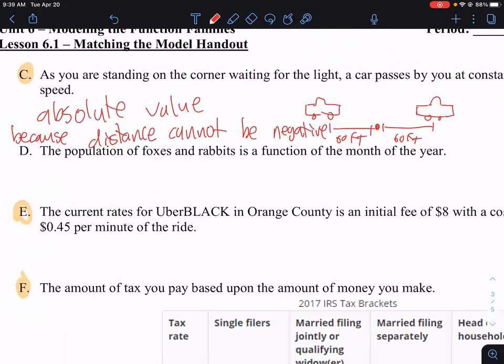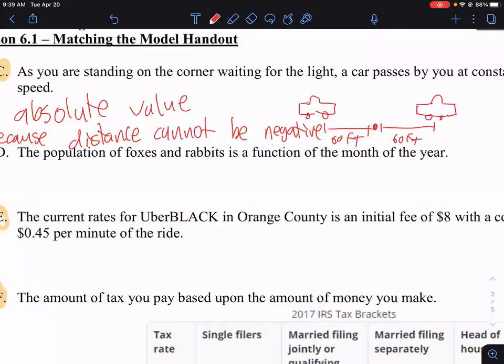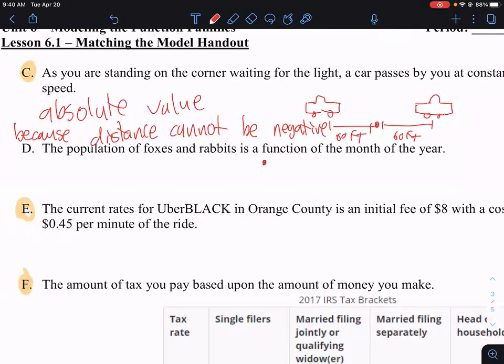Okay, problem D. Most years we actually do an example involving these. This year, because of our schedule, we didn't have time for it. But the idea was, okay, if there's a lot of rabbits and not that many foxes, then the foxes are going to be able to eat a lot of rabbits, right?